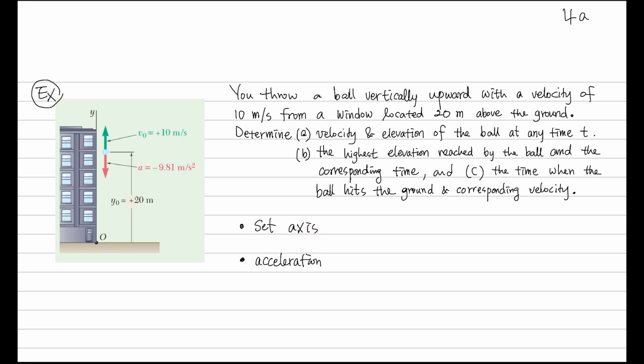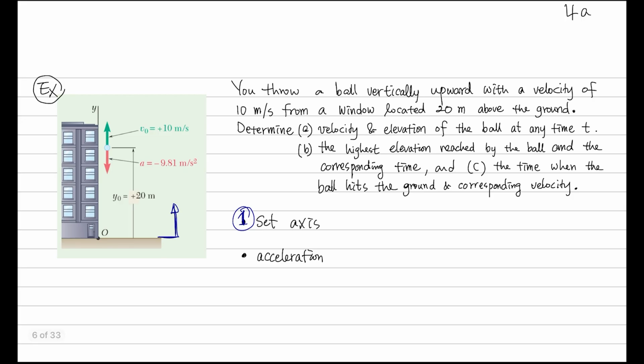So this is your number one thing. Here, I'll just set my axis from here, and I'll make this my positive direction. So this is my axis. And then number two is going to be thinking about the acceleration.